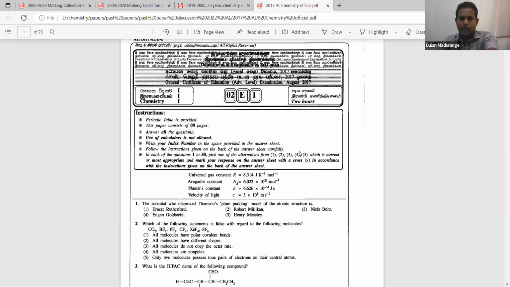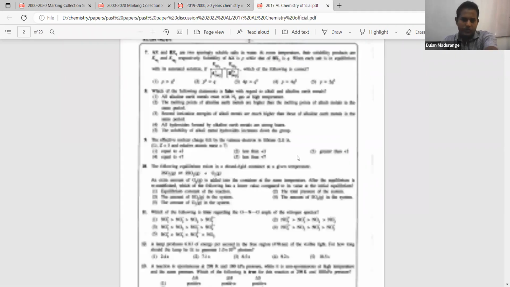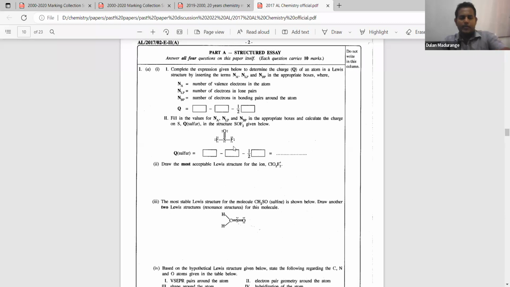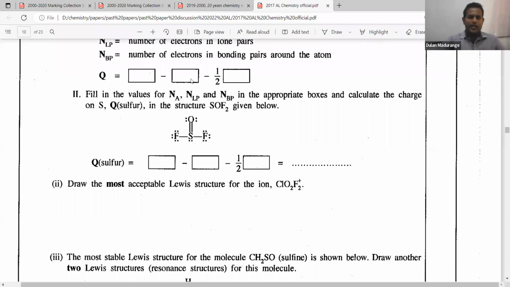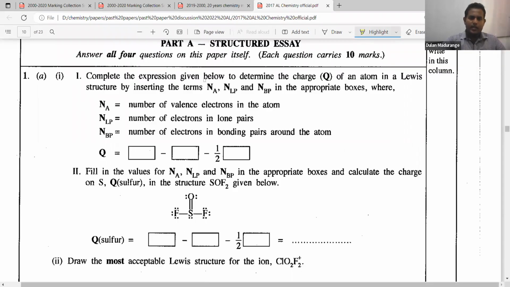In this structured essay paper, the first part asks you to complete the expression given below to determine the charge of an atom in the Lewis structure by inserting these spaces. When you find the charge of an atom, you have to consider the individual electrons around the atom and then the group number. Group number and the individual electrons.